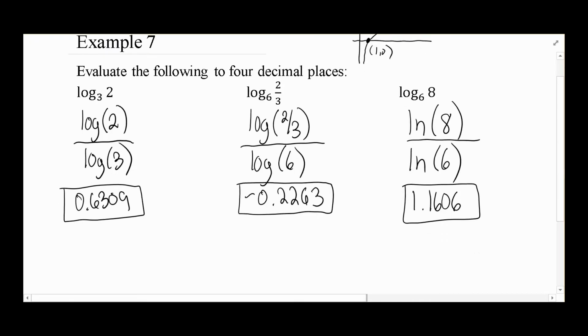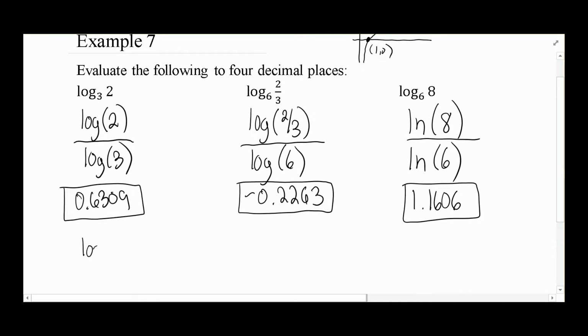Keep in mind that log base 3 of 3 would be 1. So if I have log base 3 of 2, it's a little less than 1, whereas log base 3 of 1 would be 0. 2 is somewhere between 1 and 3, which means my answer should be somewhere between 0 and 1.